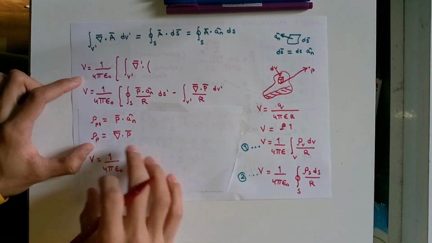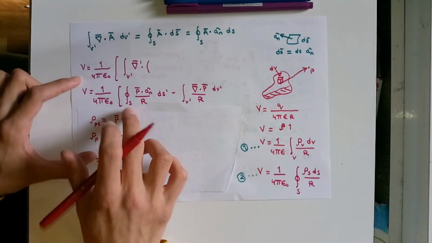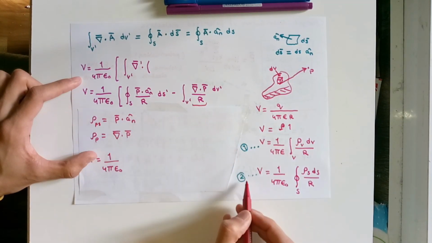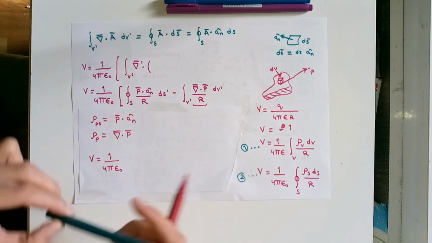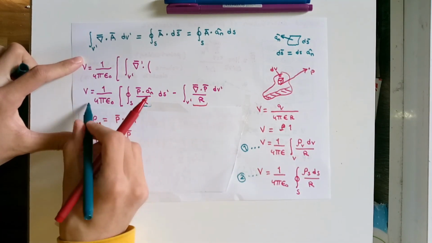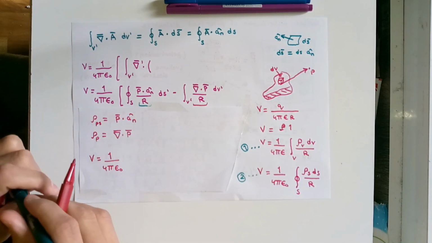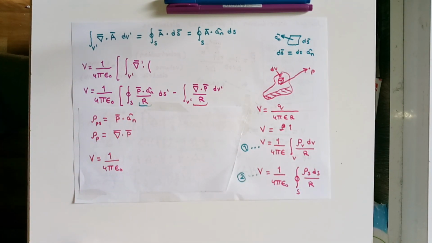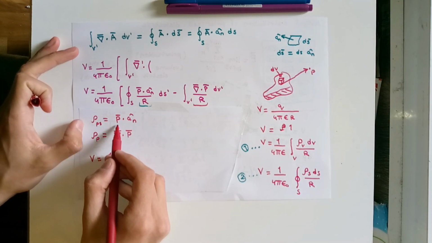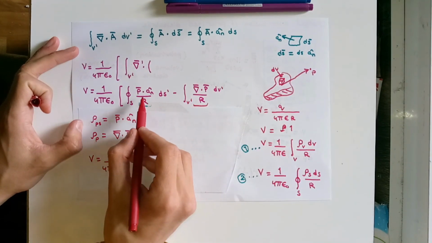Now I want you to compare equation 1 with the right-hand side of this equation, and equation 2 with this side. You can see that the dot product between the polarization and the normal vector is equal to the surface charge density.